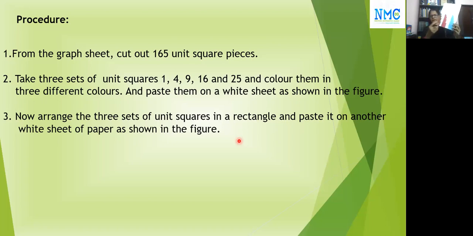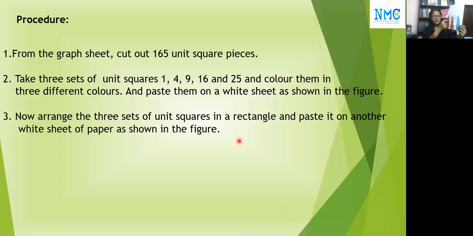So here you see, I have taken 165 unit square pieces, and as I said, you can cut them so that it will not be very difficult. So 3 sets: one set I have taken in brown color, then red color and blue color. You can take any 3 colors, right?